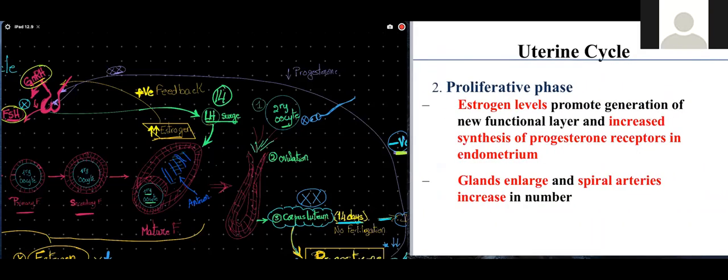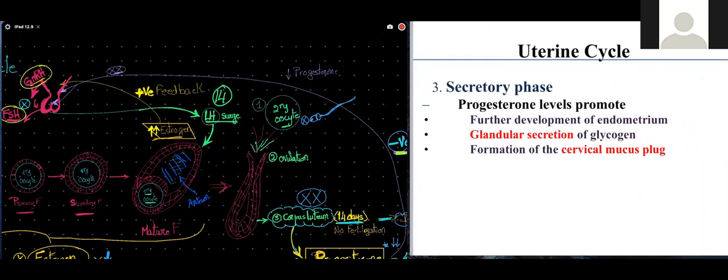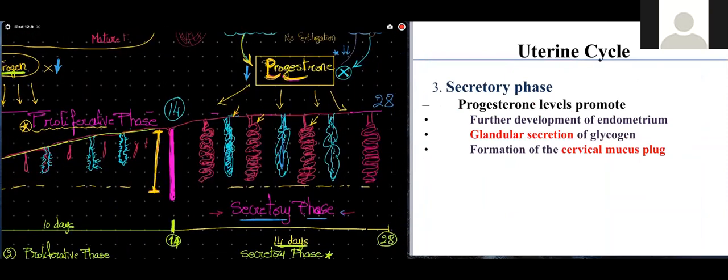Proliferative phase, this is going to be taking place when the estrogen levels are high and I am promoting the generation of the new stratum functionalis. The glands are going to be enlarged, the spiral arteries will increase in number. In the secretory phase, as we've mentioned, this is going to be taking place under the effect of the progesterone.